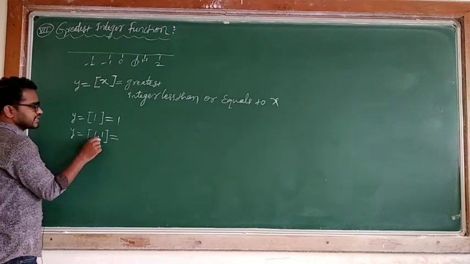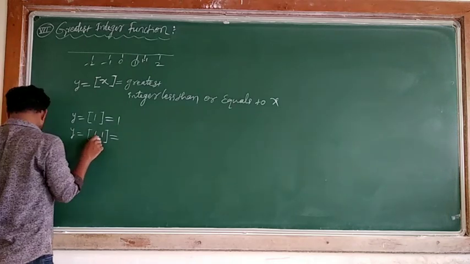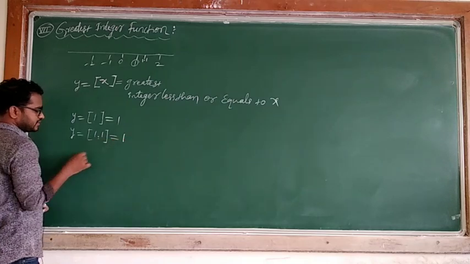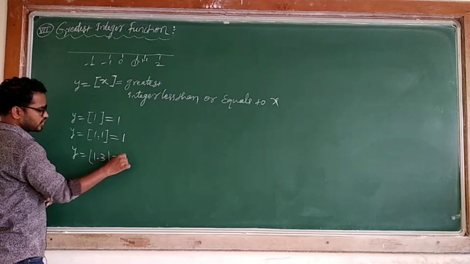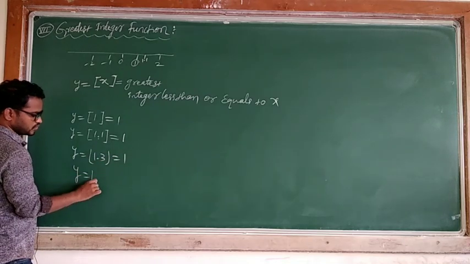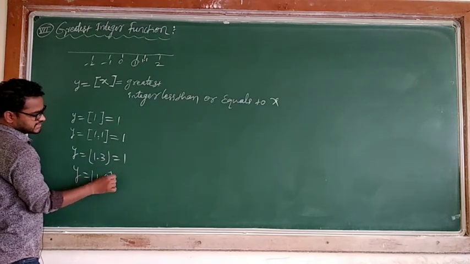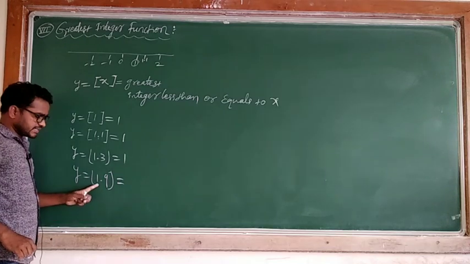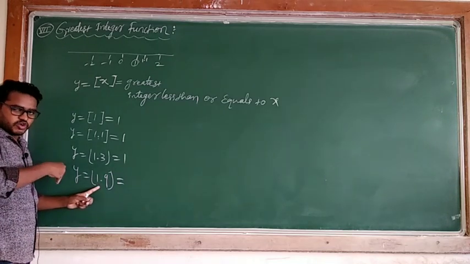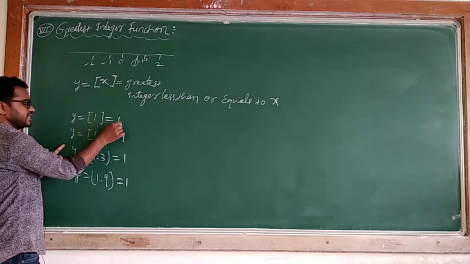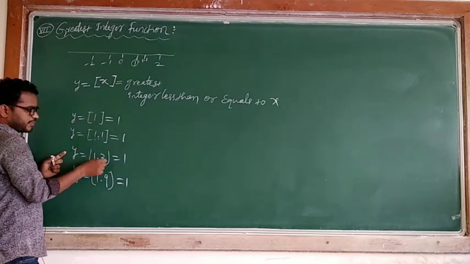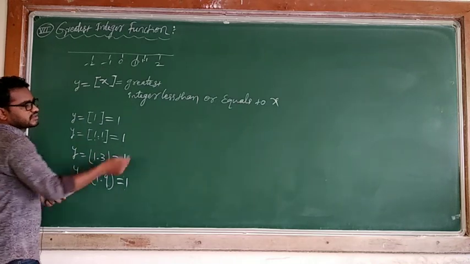So I can say y is equal to 1.3, 1 only. Y is equal to 1.9, the greatest integer less than this is 1. So keep in mind, 1.1 gives 1, 1.3 gives 1, 1.9 gives 1.